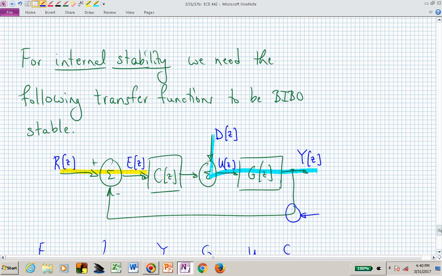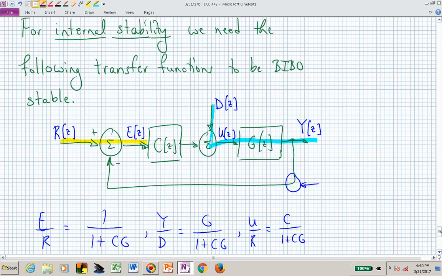But for internal stability, we actually are wanting to have more than just that desired closed loop transfer function stable. We actually want three different transfer functions to be stable in this particular configuration.